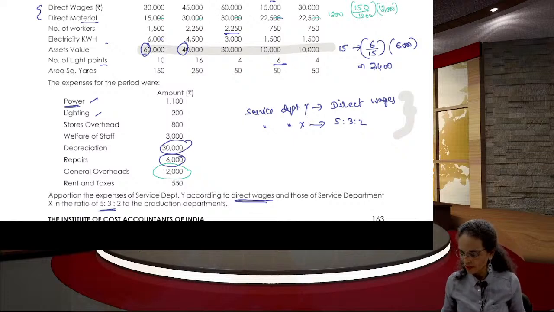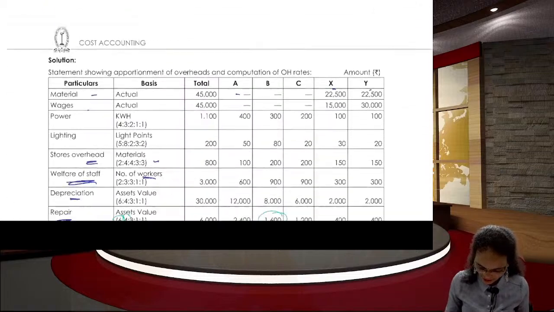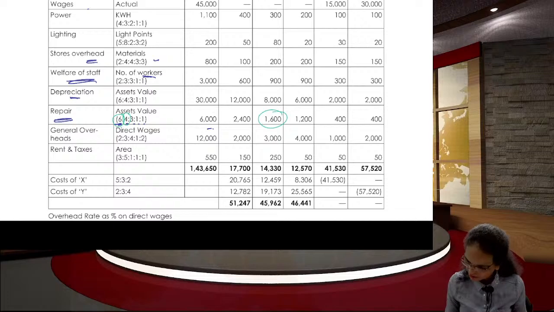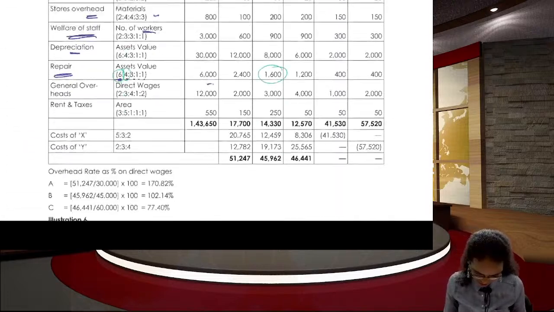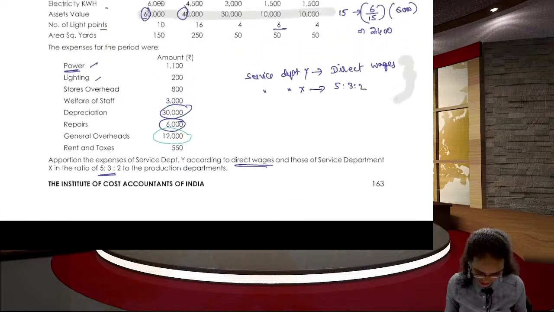That is nothing but 1,500. Come back here. 1,500. Where is? General overheads on the direct wages.